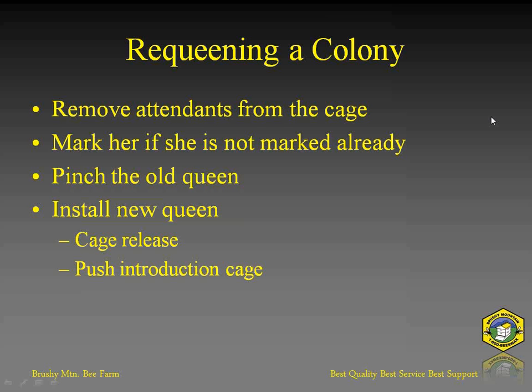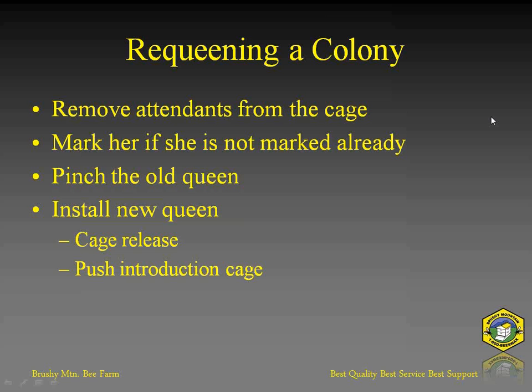And the reason why we should put it down is that sometimes the candy's mixed a little too soft. And when you get it in the heat of the hive, it becomes even softer. It can actually almost turn to liquid, in which case you don't want it to drip down into the cage onto the queen and potentially smother her, which is what would happen if the candy was up.